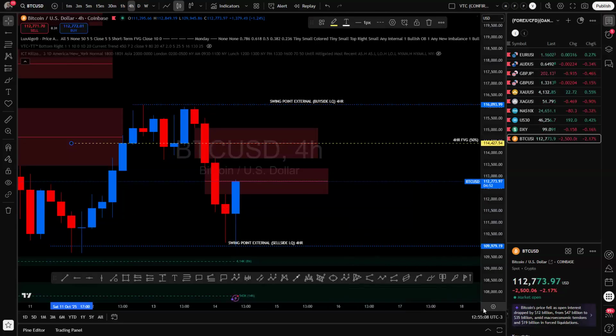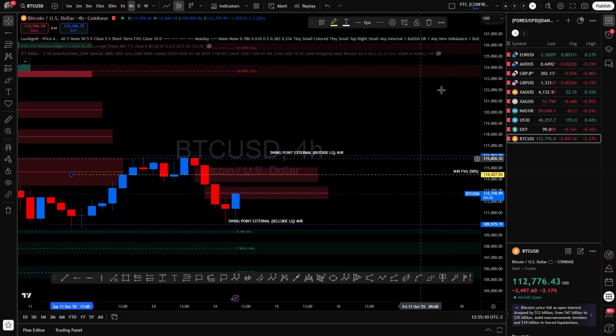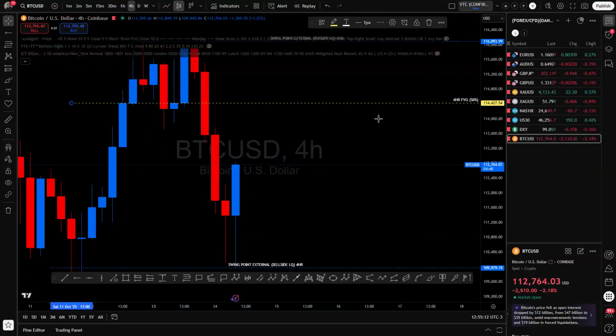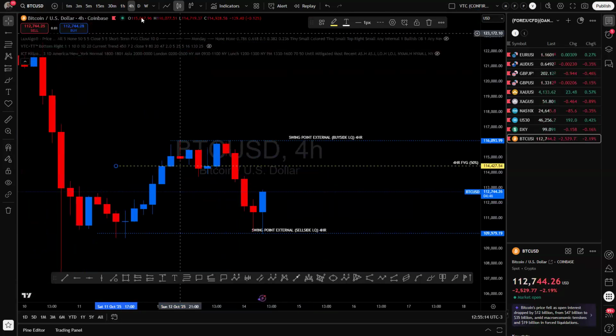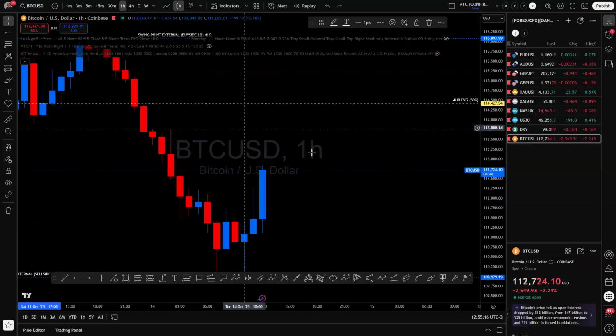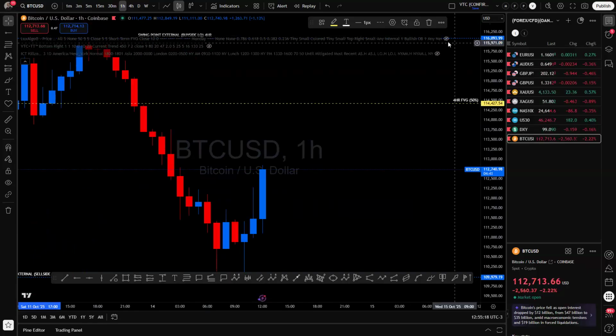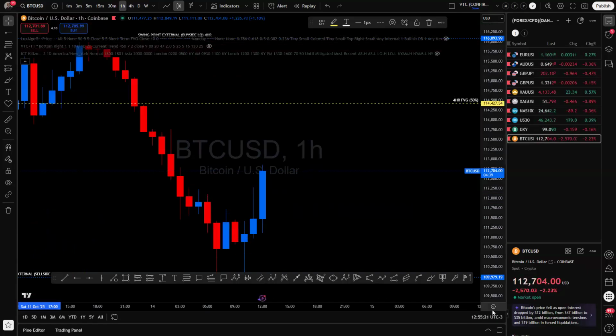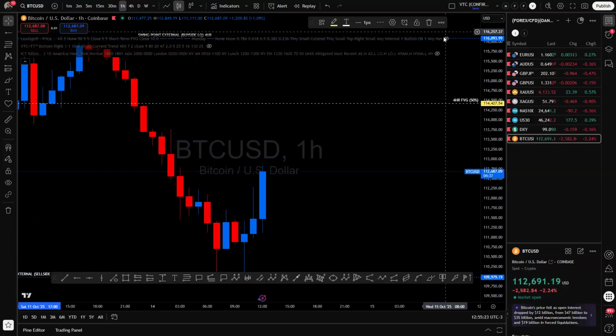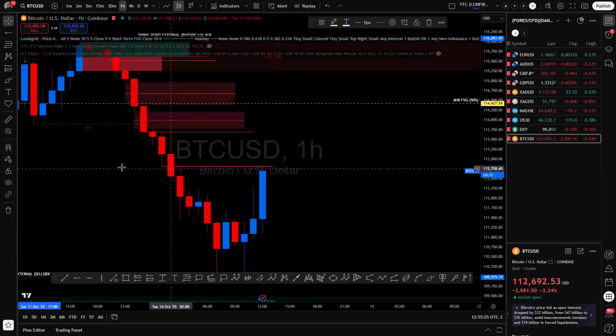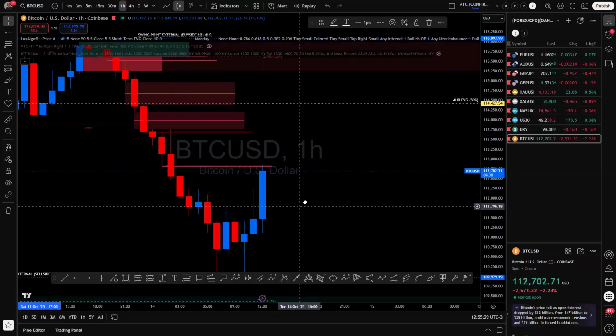So now what I want to do is look at the 1-hour time frame and then figure out how price is interacting with these fair value gaps. And when we look here, it looks like price is interacting with this most recent fair value gap here.